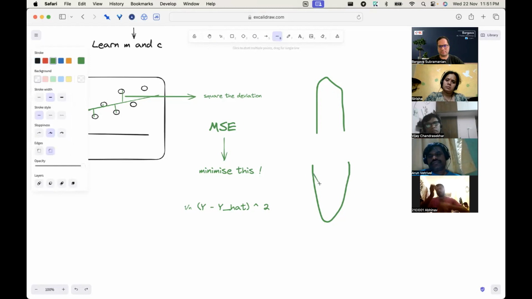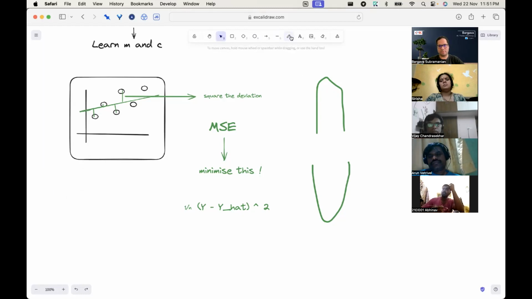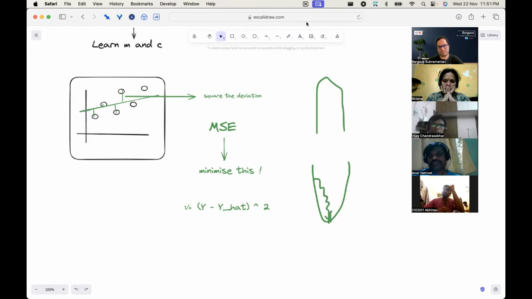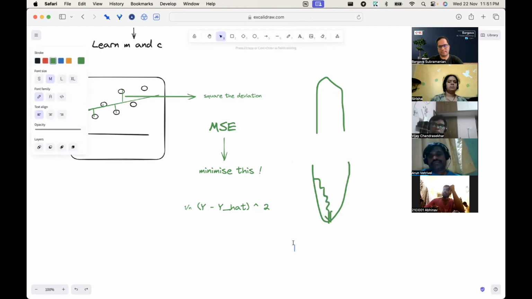This is my error function, right? I want to go down this error path wherever I am and find a way to hit this particular value. I need a function that can help me do that, which is what gradient descent does.